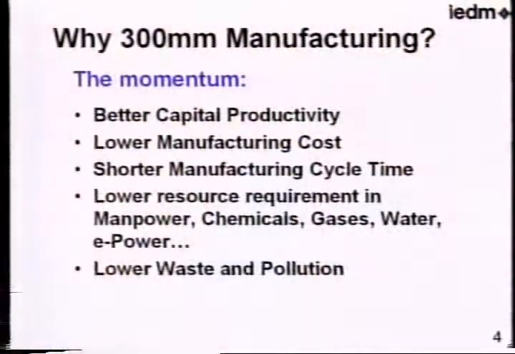So to answer this question, why 300mm? The key is that every dollar you invest in a 12-inch fab is going to produce more output than the same dollar invested in an 8-inch fab. That's the bottom line.